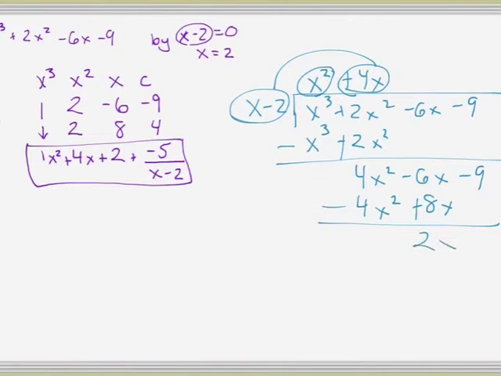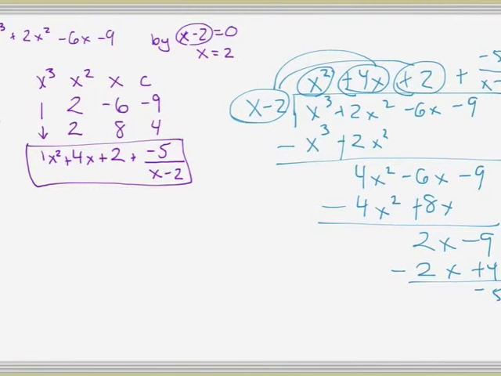So that gives me 2x minus 9. Then what do I multiply x by to get a 2x? A 2. Take that, multiply, 2x minus 4, subtract it, negative 5, that's our remainder over what we were dividing by, and we get the same solution. But it's a lot messier of a process.